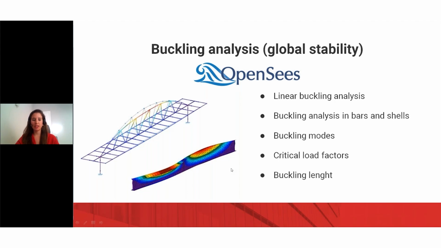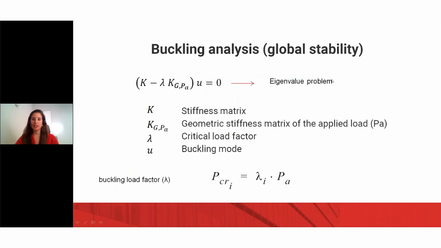So these 2 operate with this OpenSees analysis engine, and for the buckling analysis, basically we do a linear buckling analysis. We solve the eigenvalue problem using the stiffness matrices and the geometric stiffness matrix for an applied load, actually obtaining the critical load factor for each buckling mode.